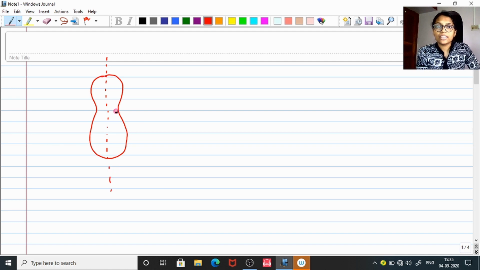If you need to find the centroid of this figure, you have to paste it in your first quadrant xy plane. For whichever figure you need to find the centroid, please paste it in the first quadrant xy plane. And if the figure has a vertical symmetry, then you can be sure that your x bar is lying on that vertical symmetry.